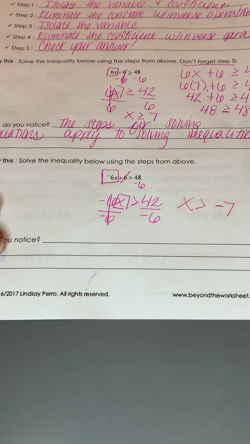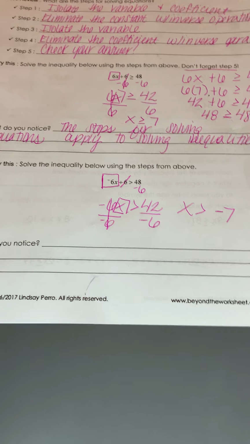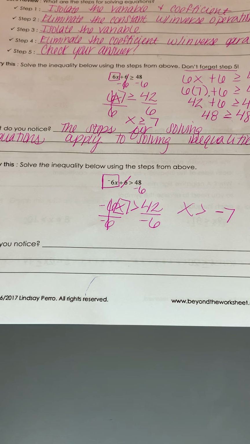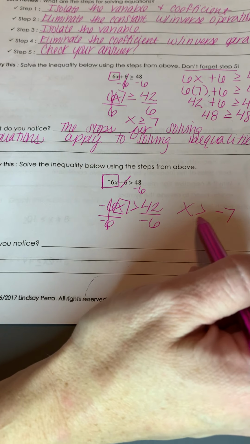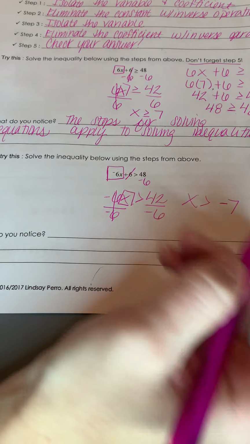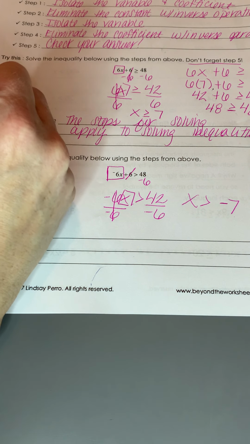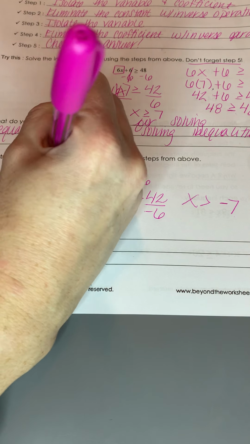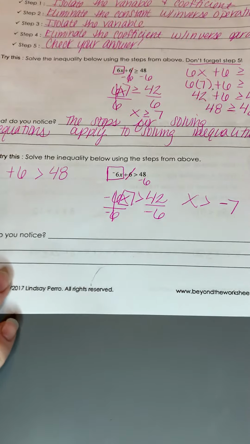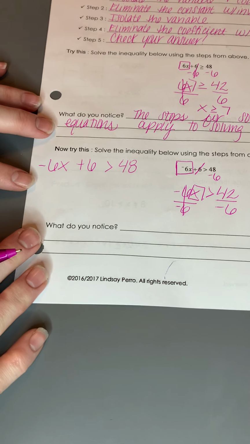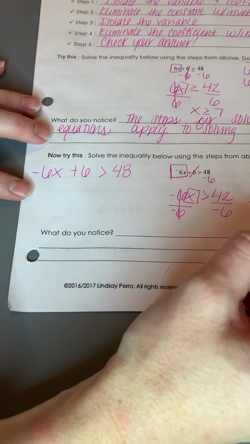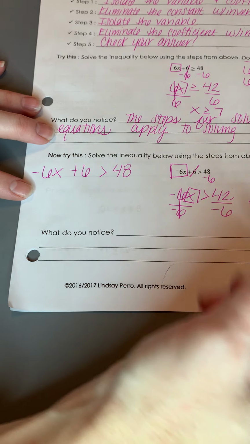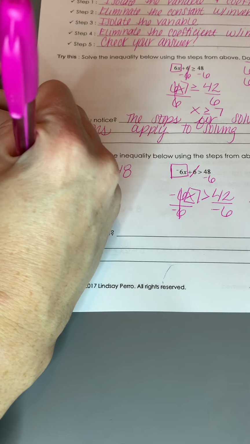So we need to pick something that's greater than -7 to check it, because we can't pick -7 because it's not equals to. So we have -6x plus 6 is greater than 48 as our check. We're going to pick something greater than -7. So let's say -5.